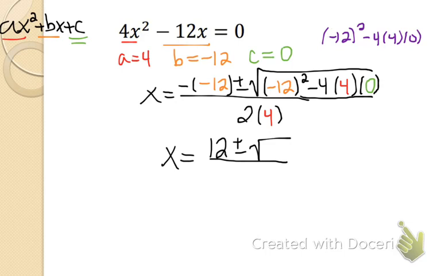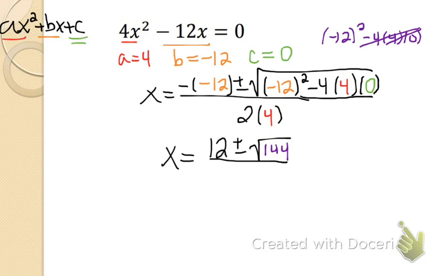Anything times 0 is going to be 0. So 4 times 0 is 0. 0 times negative 4, 0. So we just end up with negative 12 squared, which gives us 144. So 144 is our discriminant.